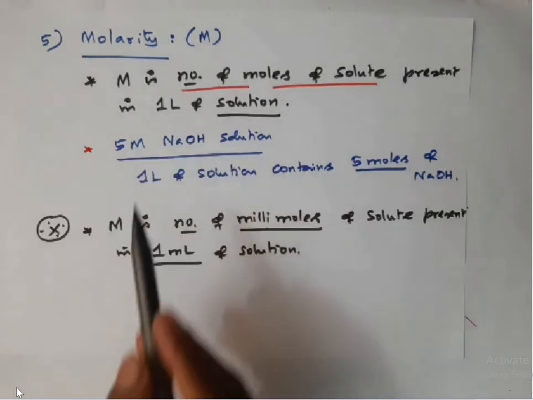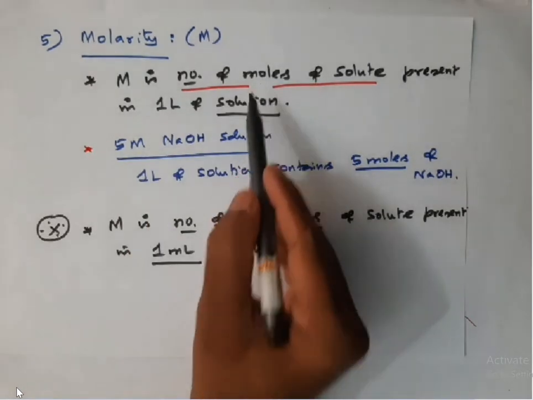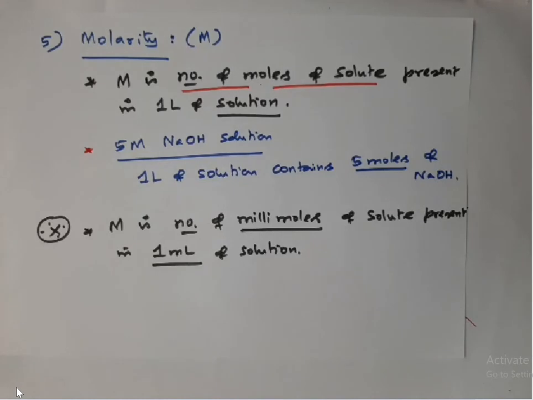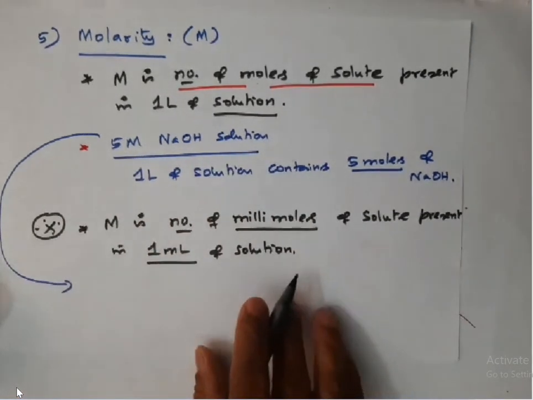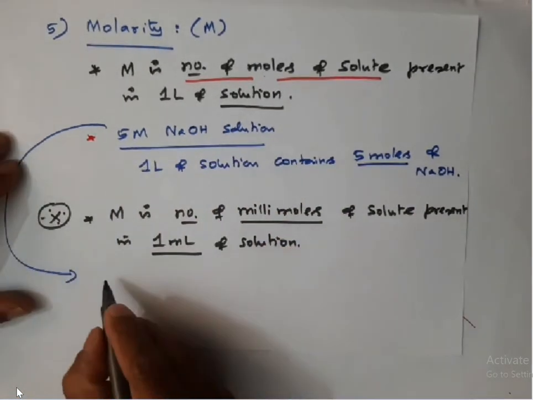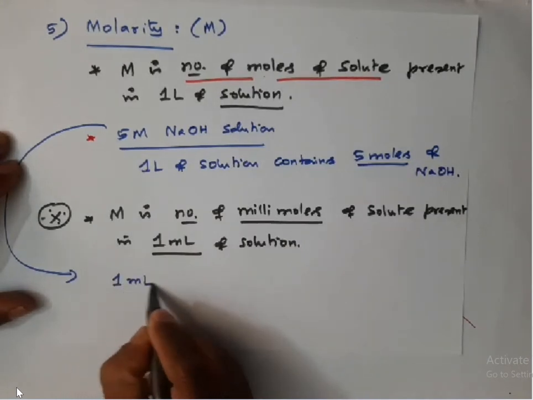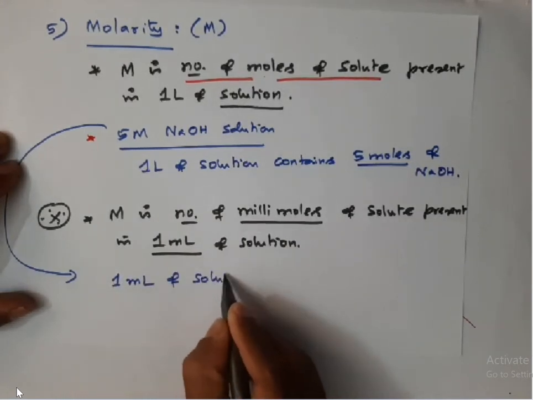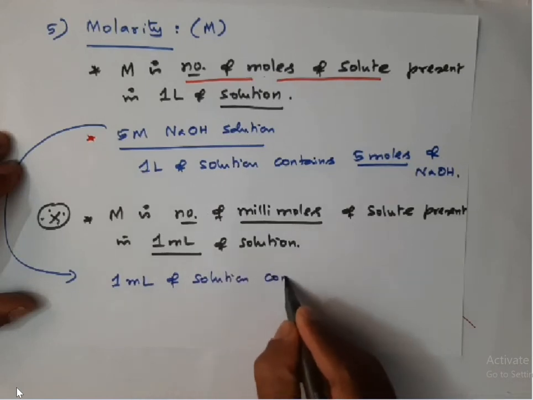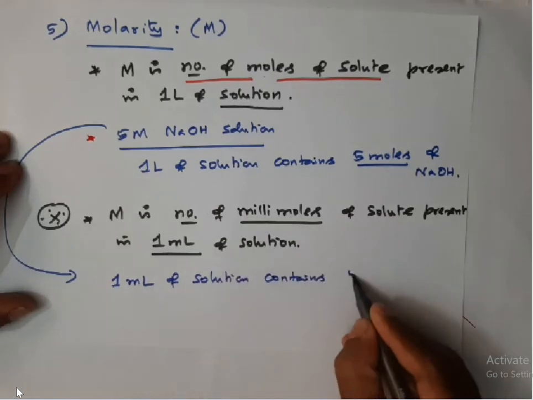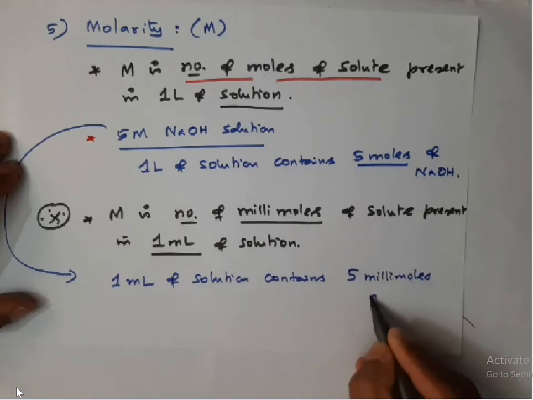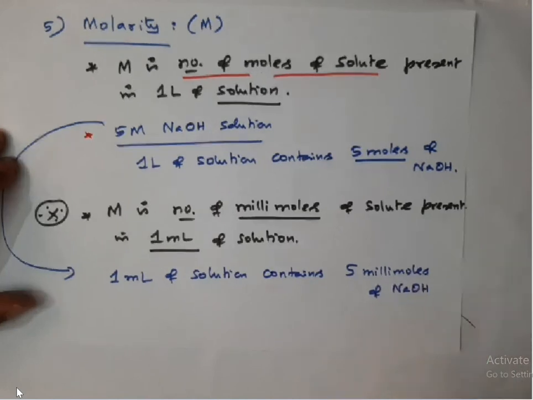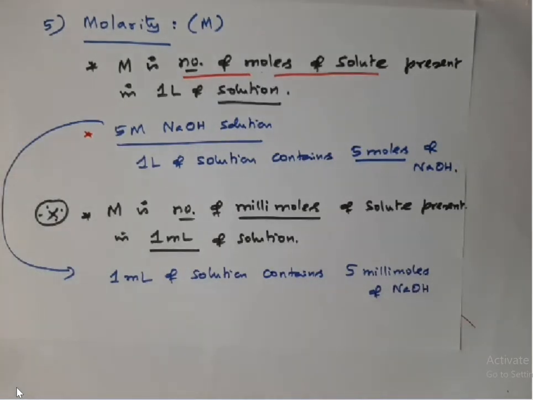Instead of liter, here I am using ml. Instead of moles, here I am using millimoles. So 5 molar sodium hydroxide solution, you can also say like this: 1 ml of solution contains 5 millimoles of sodium hydroxide. That's all.